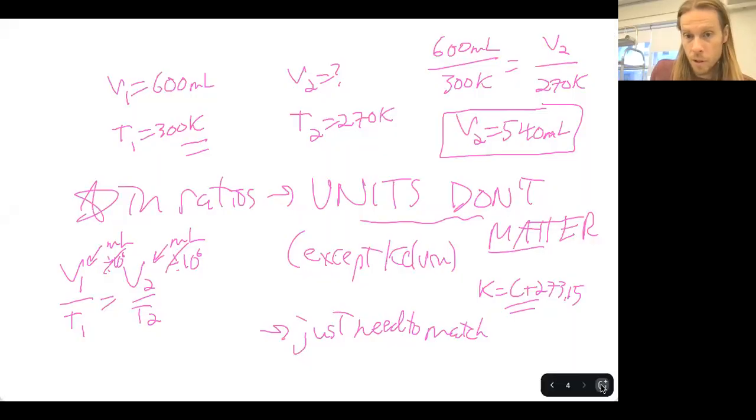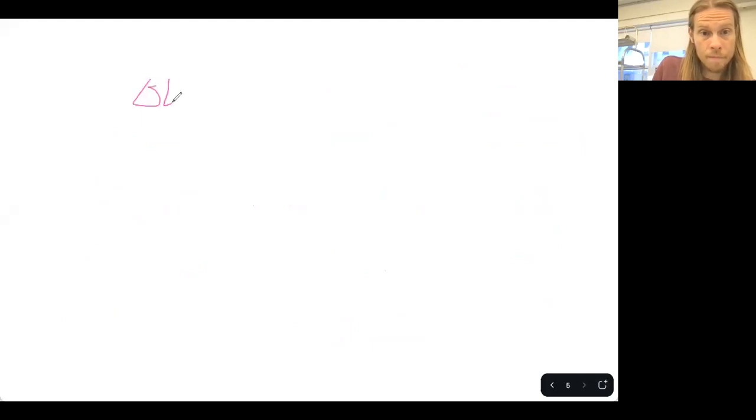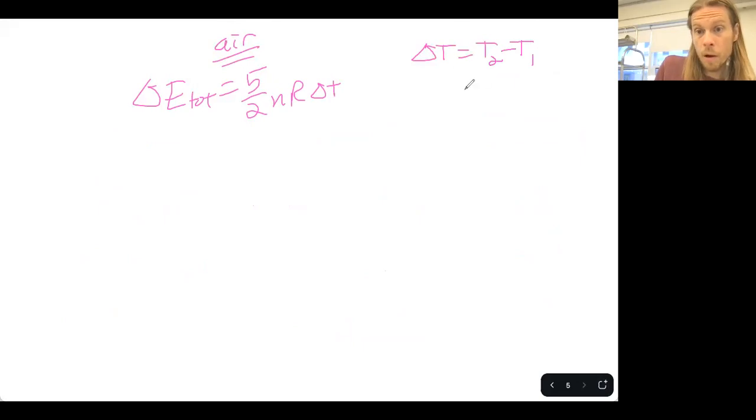Now I should, oops, I forgot to do the last question, which is, what is the delta E total? Delta E total is, well, it was air. So that's 5 halves nR delta T, where delta T is T2 minus T1, which is going to be 270 minus 300, which is negative 30 Kelvin.